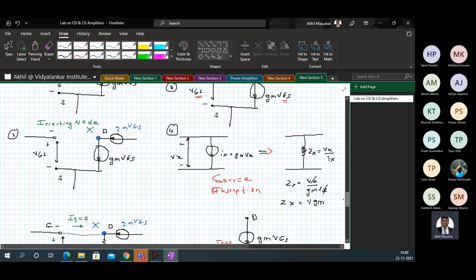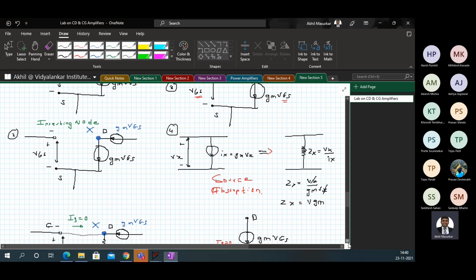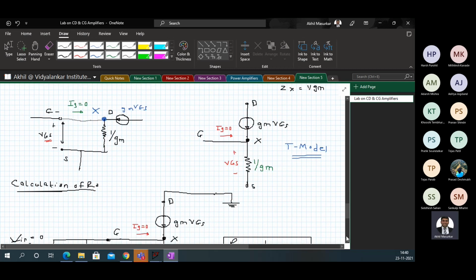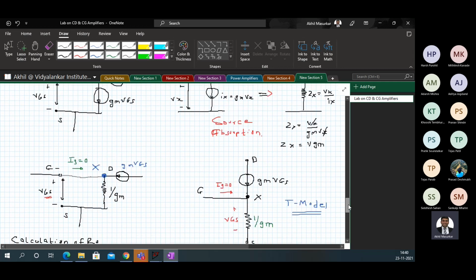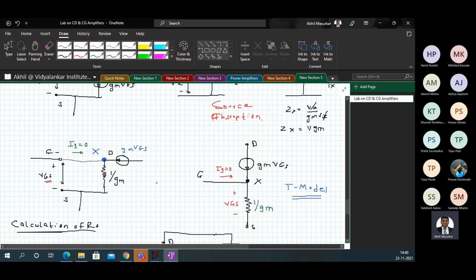After this, we are applying the source absorption theorem. And then when you apply the source absorption theorem, that time you get the T model.